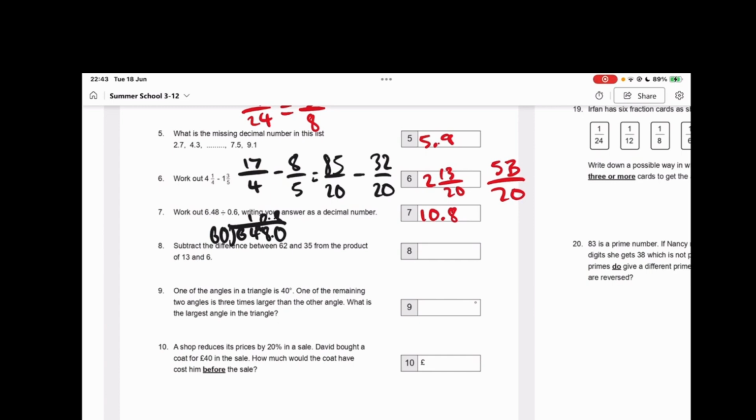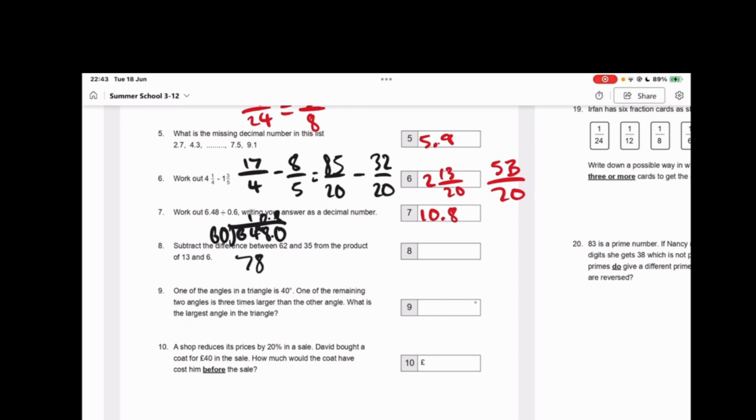So what we're going to do first is multiplying 13 and 6. So 13 times 6, we can do column method. 3 times 6 is 18. 1 times 6 is 6, so that'll be 78. So that's 78 there.